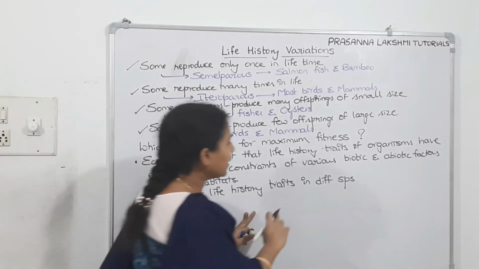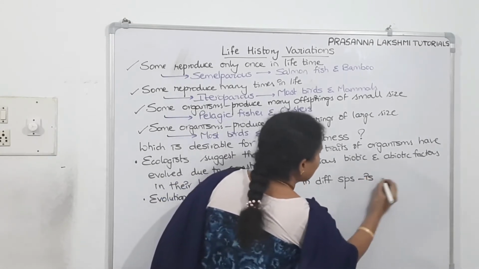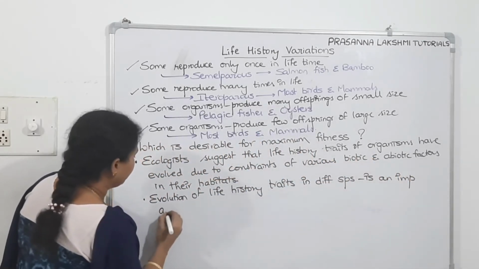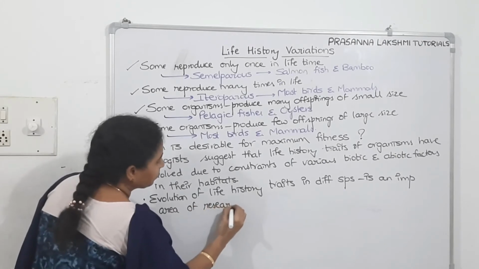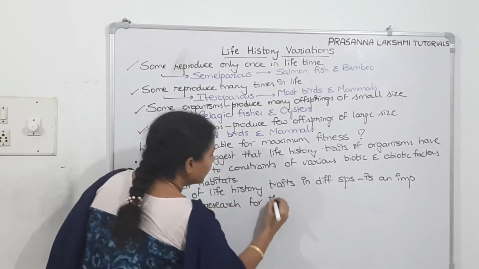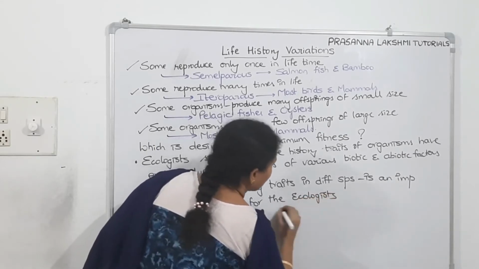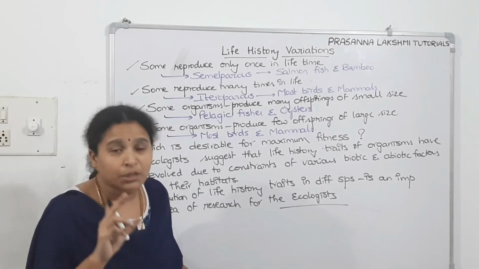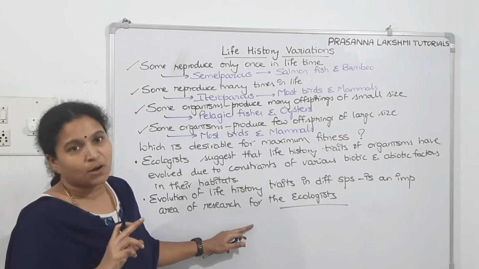Evolution of life history traits in different species is an important area of research for the ecologists to study. What are the different traits the organisms have evolved due to the biotic and abiotic factors? This is an area of interest for the ecologists to study.